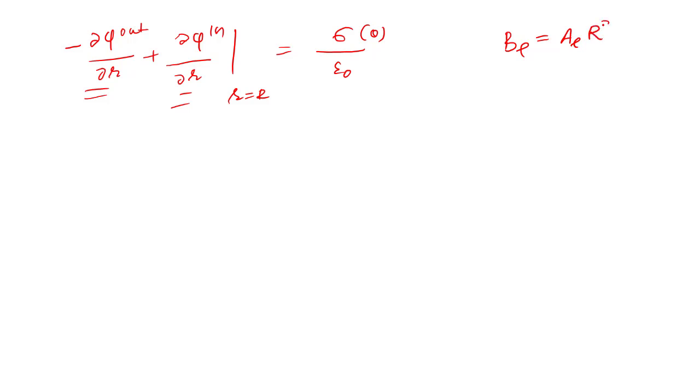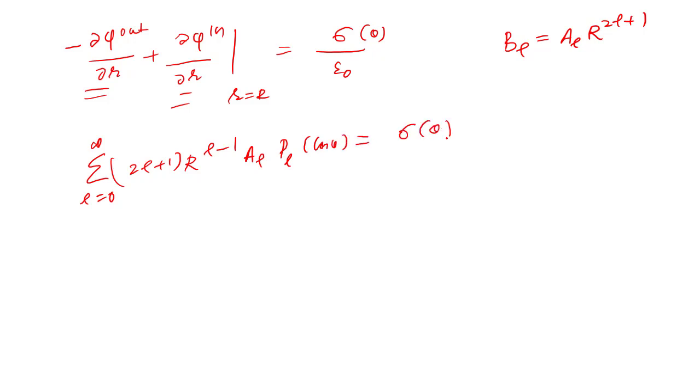From there we got this relationship of R to the power 2L plus 1. So from here we essentially got the sum over L from 0 to infinity of 2L plus 1 times capital R to the power L minus 1 AL PL of cosine theta is equal to sigma of theta by epsilon naught.